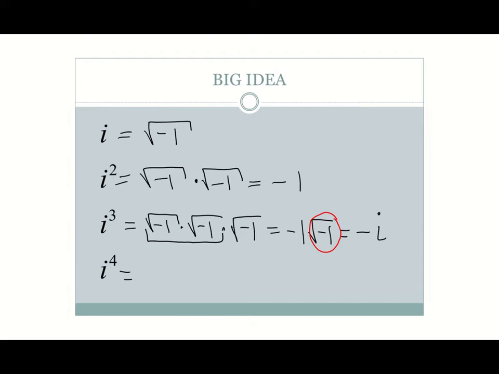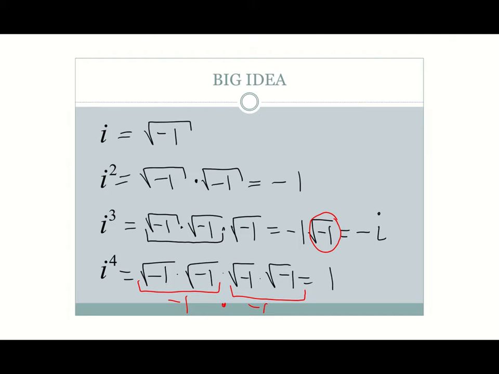So then i to the fourth is the square root of negative 1 four times. So if I have the square root of negative 1 times the square root of negative 1, that is negative 1, times the square root of negative 1 times the square root of negative 1, which is negative 1. If I multiply those together, I get 1.